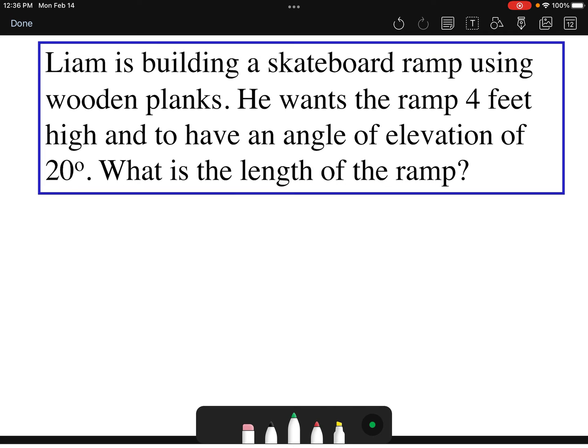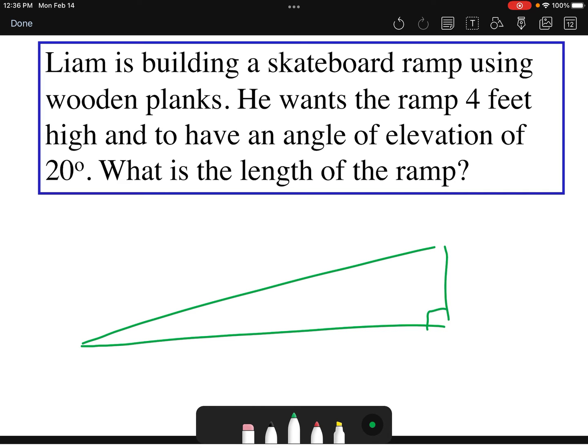Okay, Liam is building a skateboard ramp using wooden planks. All right, so we got to draw a ramp. There's the 90. He wants the ramp 4 feet high and an angle of elevation of 20. What we don't know is how long the ramp is. So again, that would be opposite and hypotenuse, wouldn't it?